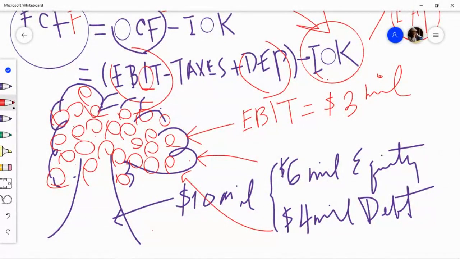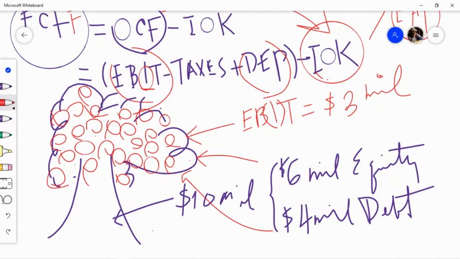So there is some portion of this tree that belongs to the debt holders, right? And to the debt holders, the interest is what belongs to them.